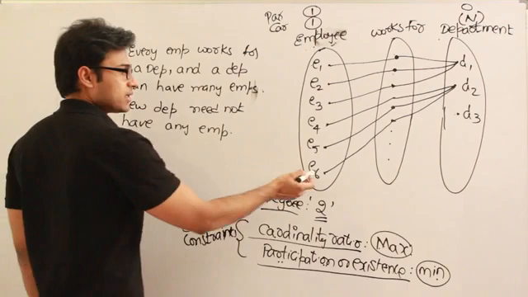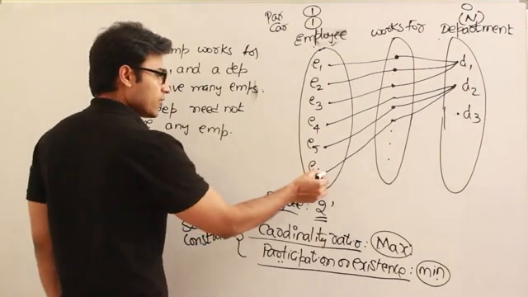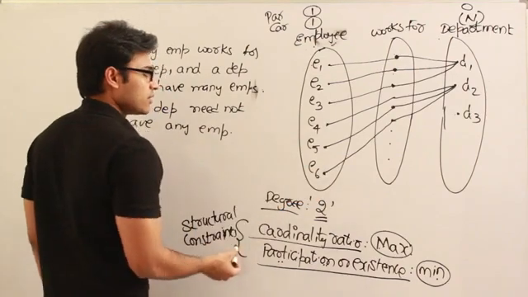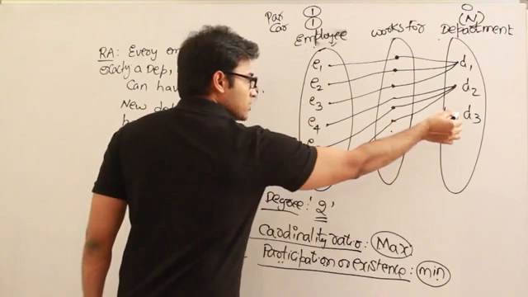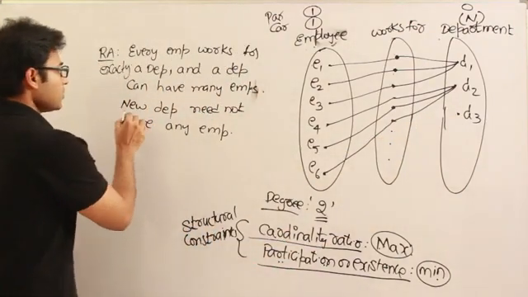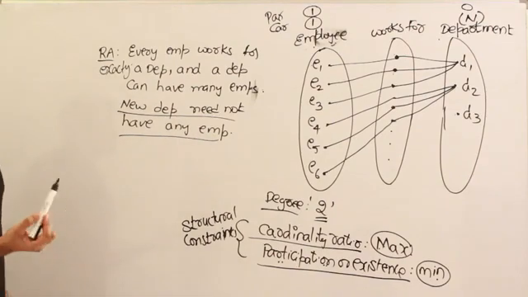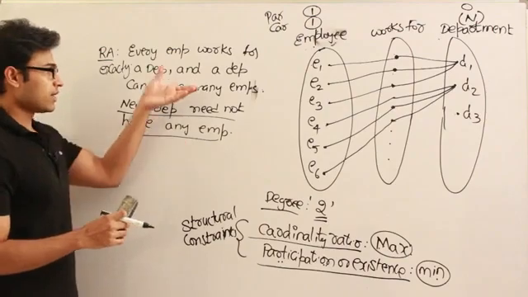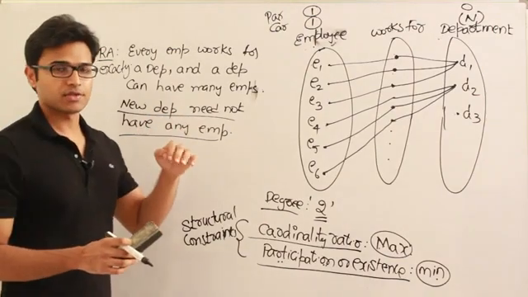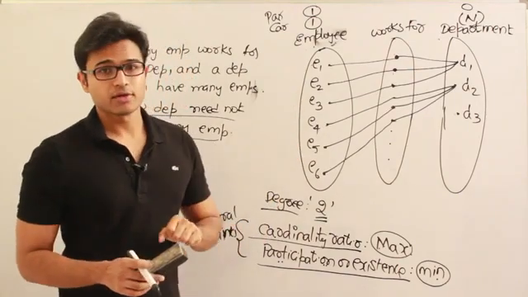He cannot exist if he doesn't work for a department. So from that we got the existence constraint to be 1 here. And here I got 0 because they said that a new department need not have any employees. So from the verbal description you are supposed to draw everything. In the exam they might give you this entire verbal description and ask you the cardinality, the participation, or the degree.